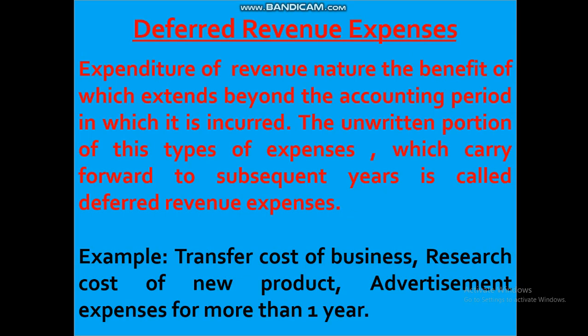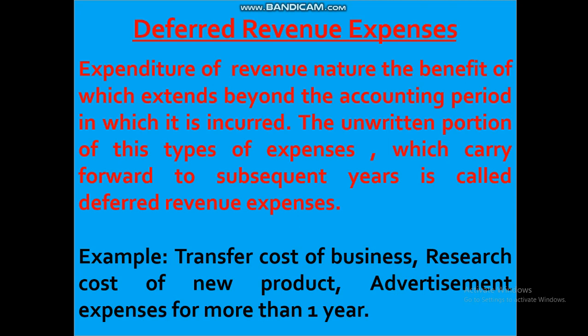Deferred revenue expenditure is expenditure of revenue nature, the benefit of which extends beyond the accounting period in which it is incurred. The unwritten-off portion of this type of expense, which is carried forward to subsequent years, is called deferred revenue expenditure. That means it is an expenditure, but we will enjoy the benefit in future time also. For example, transfer cost of business.